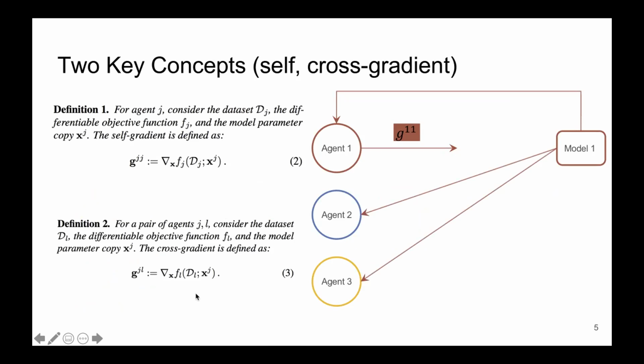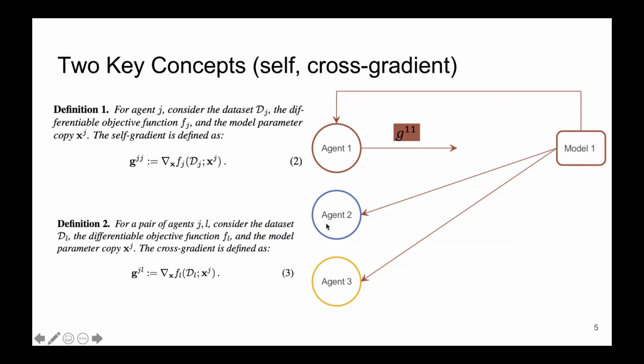Yeah, if you look at the difference, it just changes the dataset here, to j's data L instead of j itself. Because each agent will send its model to the neighbors, right?